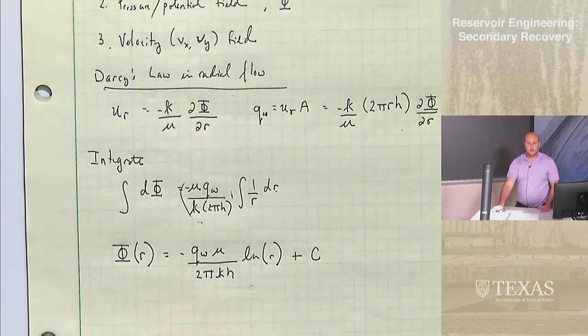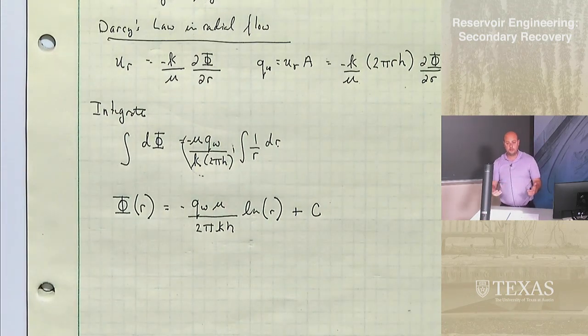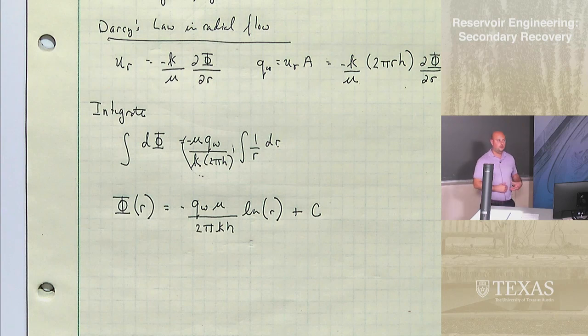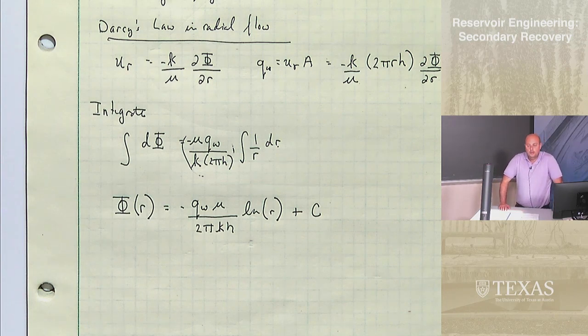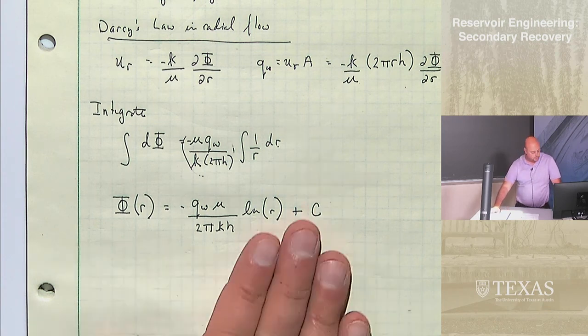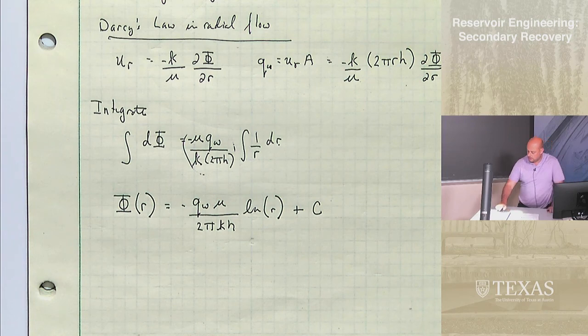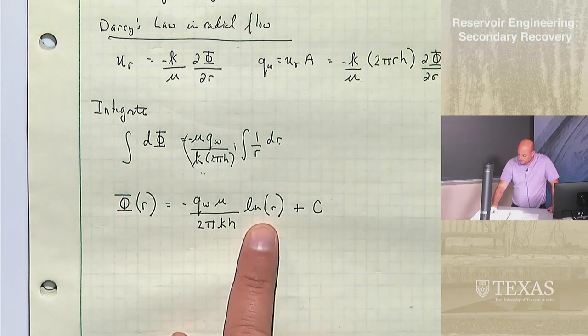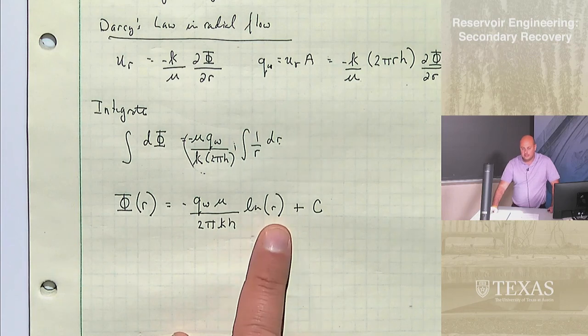Okay, so if we really wanted to know the potential or the pressure at any given location, you're going to need some sort of boundary condition, right? So if you want to know the pressure at some distance away from the well, maybe you need to know what the pressure is at the well, right? So we have this constant of integration, so we don't completely know what that is, but we do know that it's a function of radius and it's ln of radius.